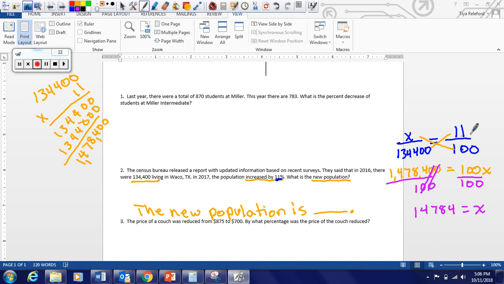So 11% is 14,784. Is that my answer? The new population is 14,000. Well, now wait, if it started at 134,000, how could it only be 14,000 now? That's right, it increased, so you have to add.